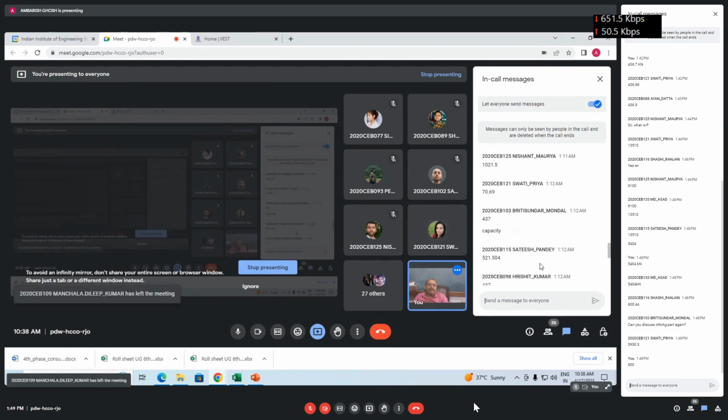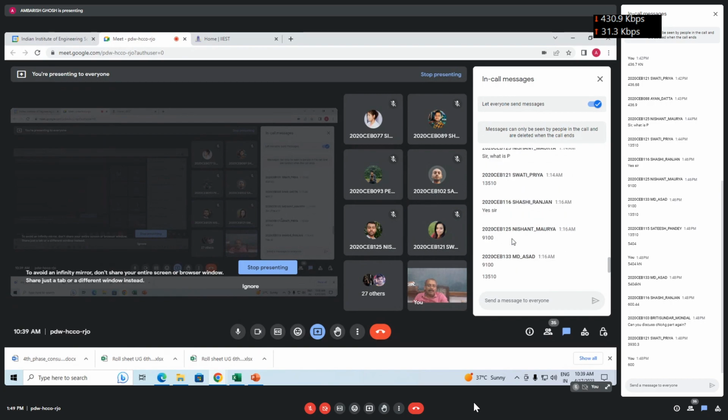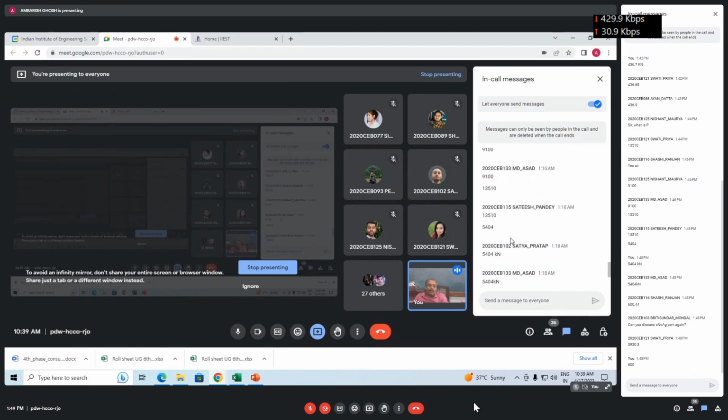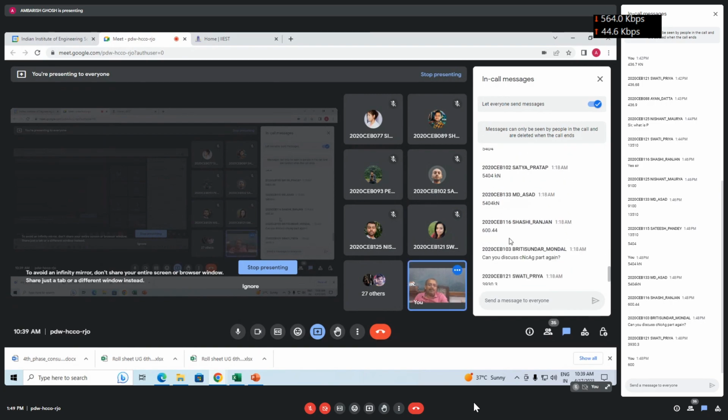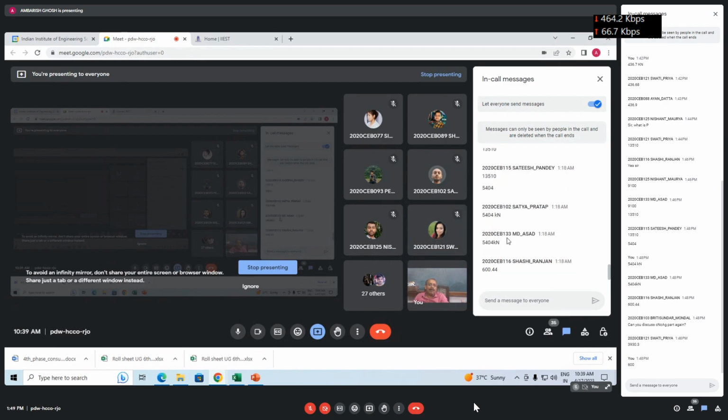Individual pile capacity was 436.7, okay, 436.7 multiplied by 9. It is coming around 3924, na? Whatever it is, I multiplied 436, 3930. Yes, and this is for the individual pile, and for the group, how much has it come? 5404, sir. It was the total, na? Yes, sir, it was total.